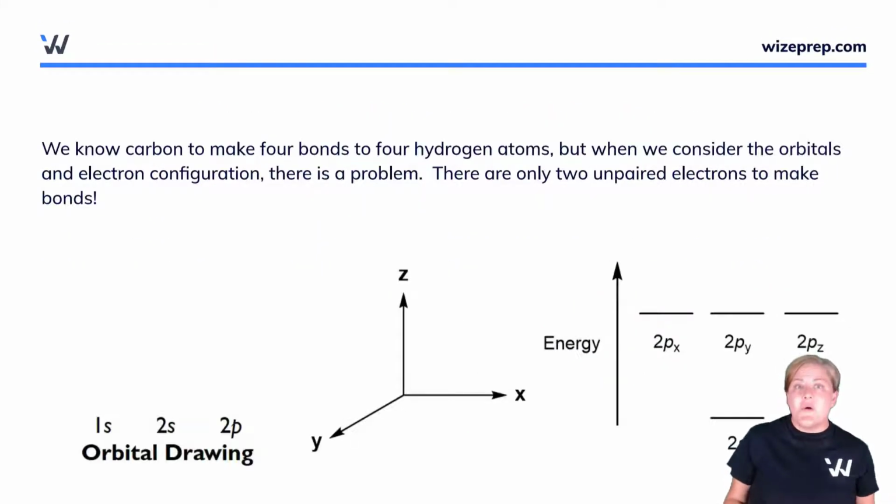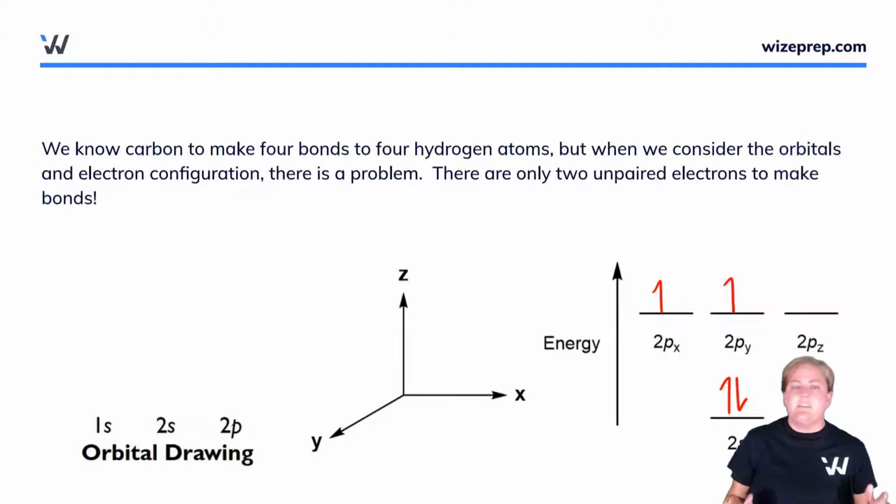So we know carbon makes 4 bonds to 4 hydrogen atoms, but when we consider these orbitals, there's a problem. There's only 2 unpaired electrons, as we saw on the previous page. 2 down here and 2 up here in 2 of the p orbitals. I picked the x and y arbitrarily.